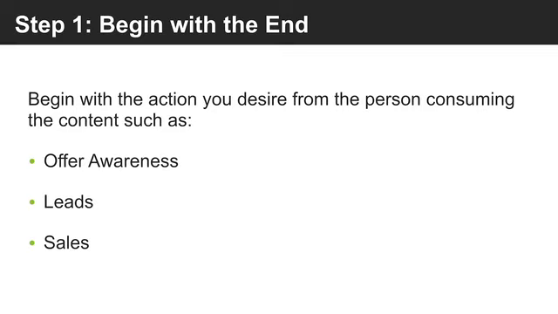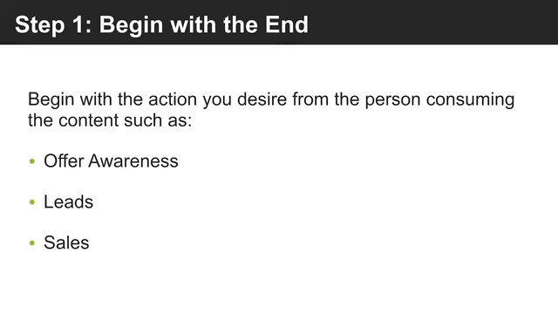So the big idea here is that it is possible to start with the topic and then force the desired action into that piece that you've already created. That is definitely doable, and something that we do here at Digital Marketer. We'll take a piece that we created 2 years ago and add a desired action to it that we want the reader to take.